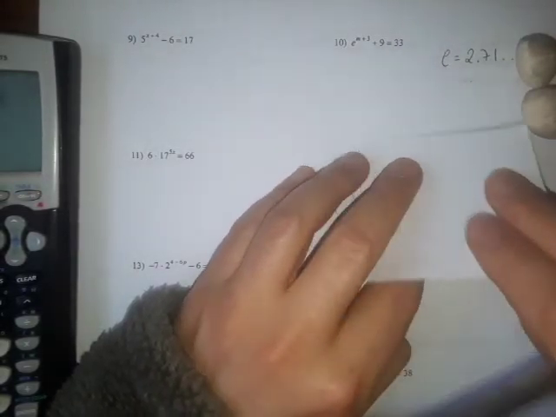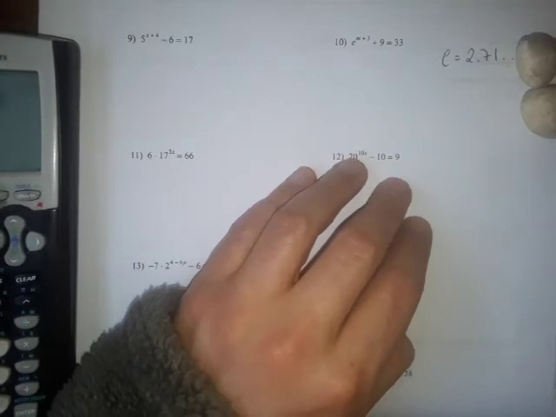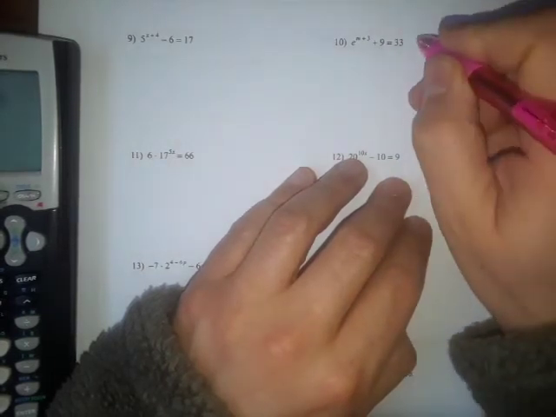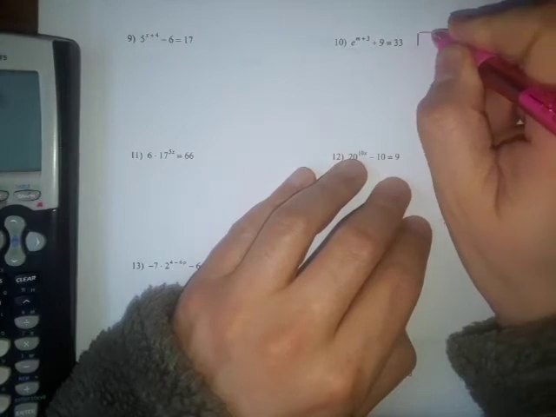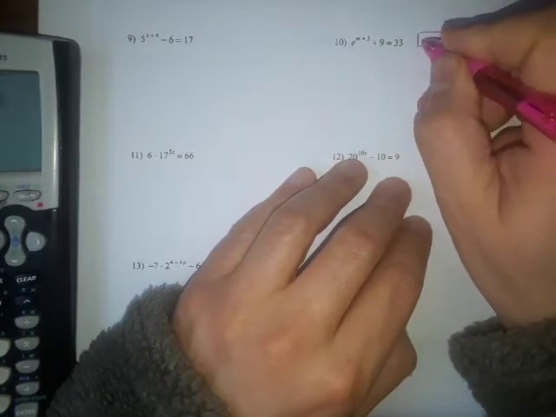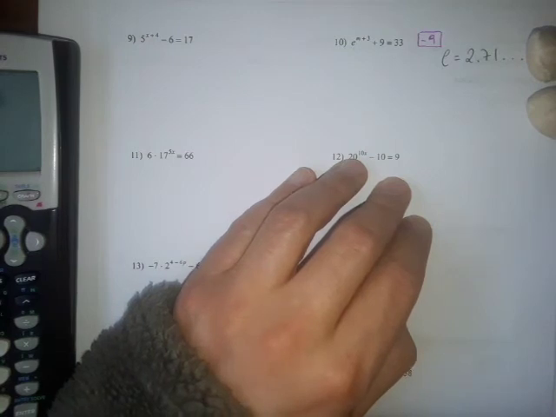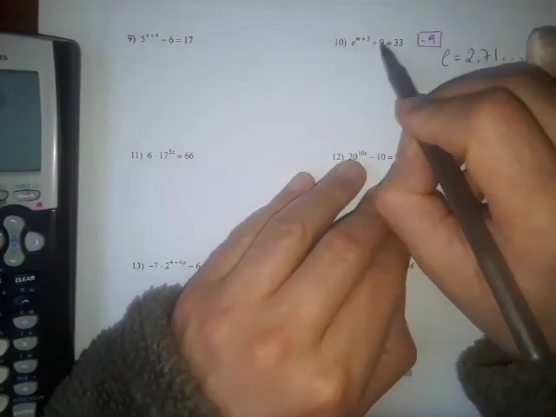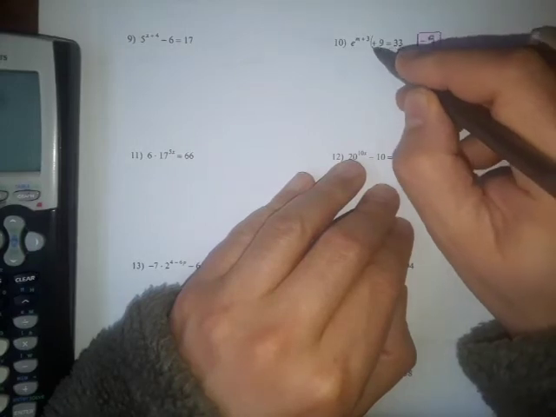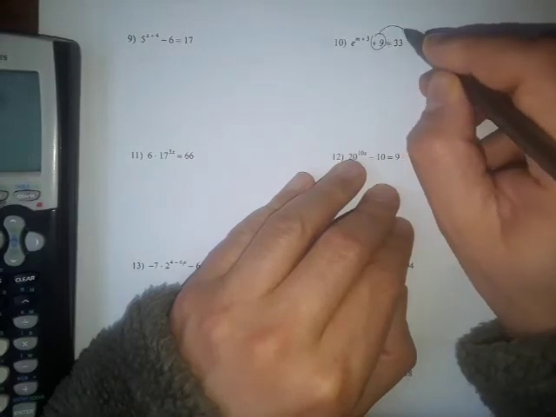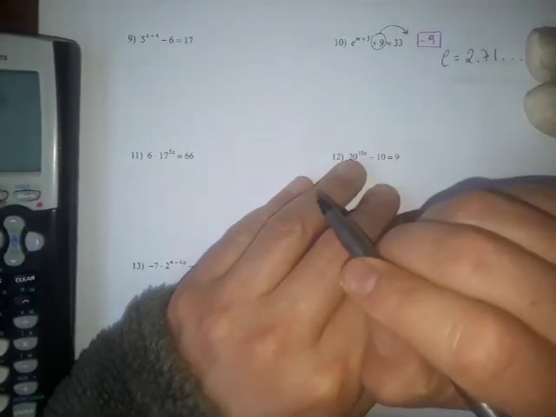Remember, if we want to cancel this 9, we need to subtract 9 from both sides, correct? So if we do that, this 9 is actually flying to the other side of the equation as a negative.